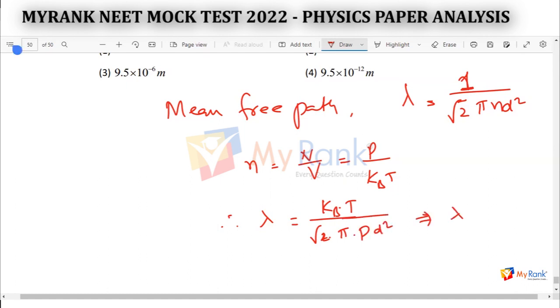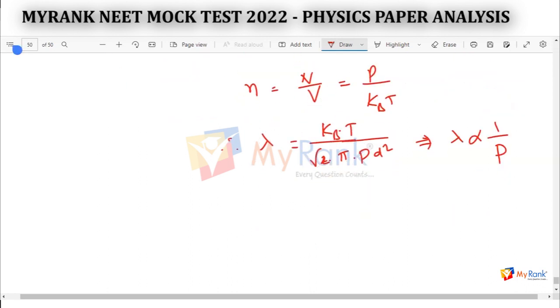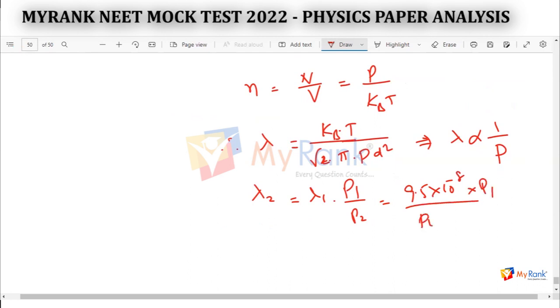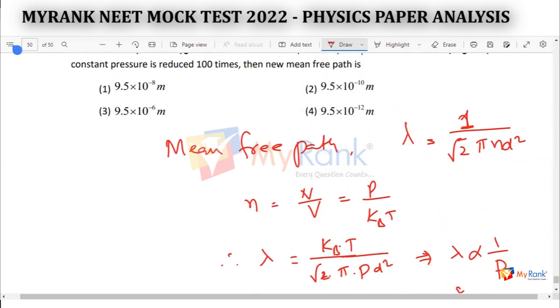From this we can say lambda is inversely proportional to P. So lambda 2 by lambda 1 is P1 by P2, that is P1 by P1 by 100. P1 gets cancelled, so we get 9.5 into 10 power minus 6 meters. So third is the right option.